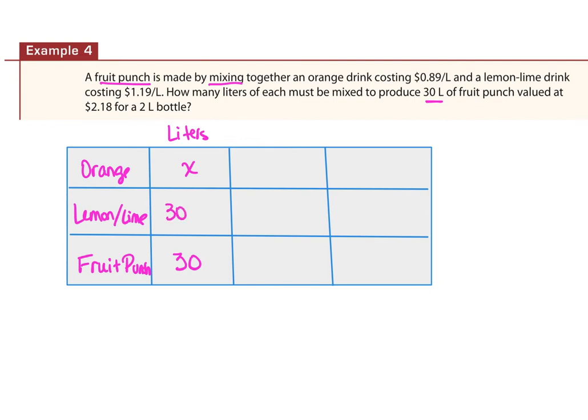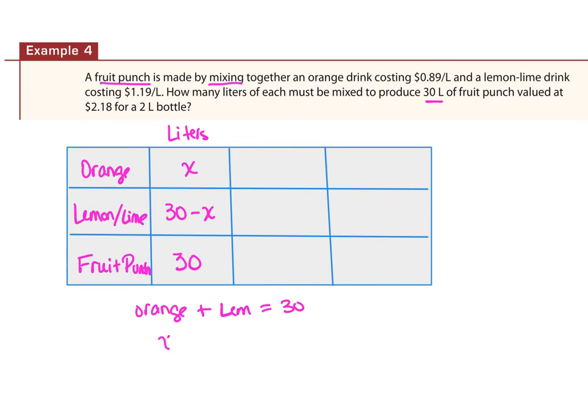You're going to say, well, 30 minus however much orange I have, because we don't want multiple variables. We just want one. All right? So if I have X liters of orange drink plus Y liters of lemon lime, I should get 30. Well, in order to avoid having that Y, I'm just going to subtract it out. So if I say orange plus lemon lime equals 30, then to find one or the other, I just subtract.